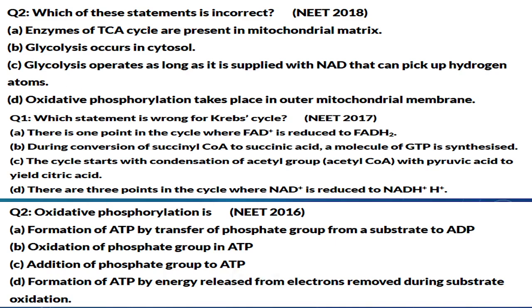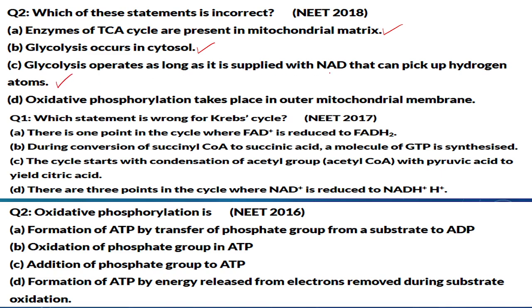Next question. Which of these statements is incorrect? Enzymes of the TCA cycle are present in the mitochondrial matrix. Yes, in the mitochondrial matrix, TCA cycle enzymes are present. Glycolysis occurs in cytosol. Yes, it is correct. Glycolysis operates as long as it is supplied with NAD that can pick up hydrogen atoms. Yes, it is also correct.